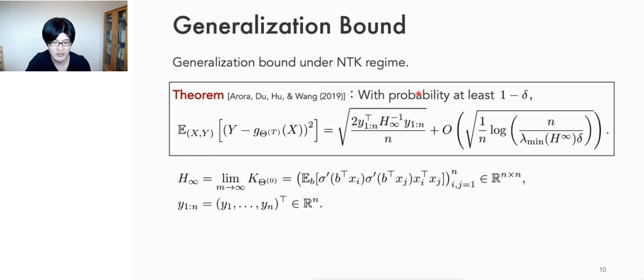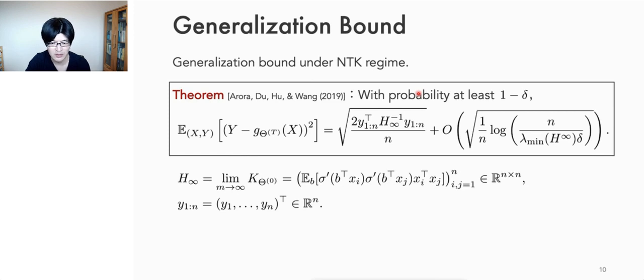Here is a generalization bound obtained in a previous study. In this theorem, gradient descent is performed for t iterations, and for sufficiently large t, this bound on the expected risk with the square loss was obtained.